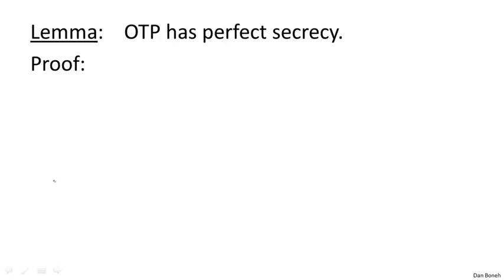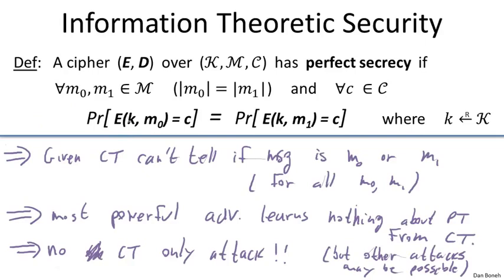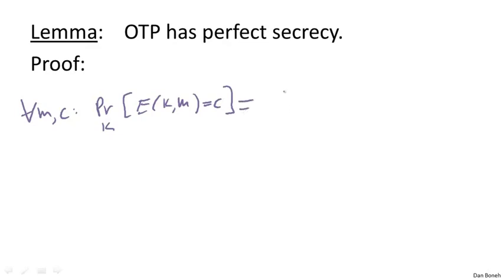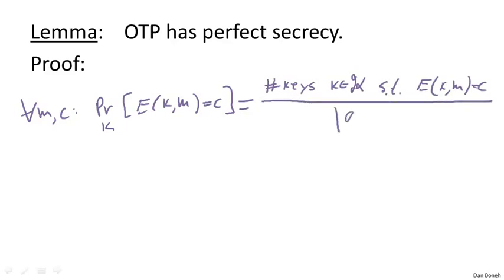We need to interpret what this probability that E_K of M0 is equal to C means. It's not hard to see that for every message and every ciphertext, the probability that the encryption of M under a key K is equal to C, over a random choice of key, is basically the number of keys K in the key space such that if I encrypt M with K, I get C. I literally count the number of such keys, and I divide by the total number of keys.